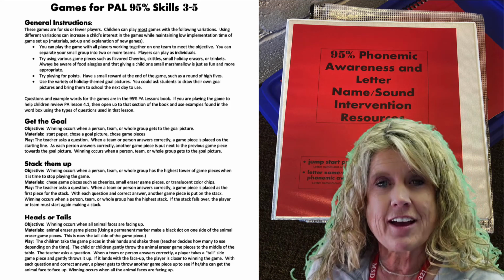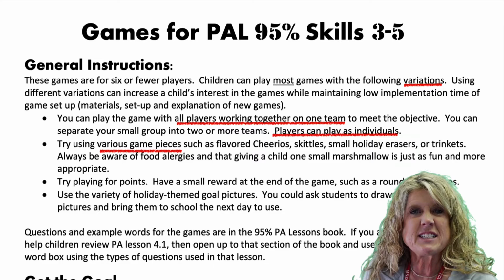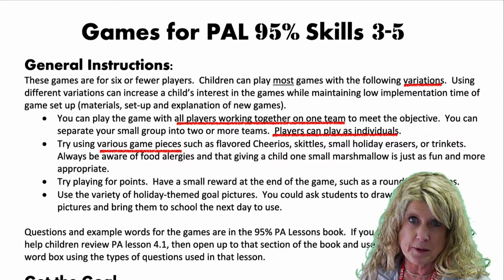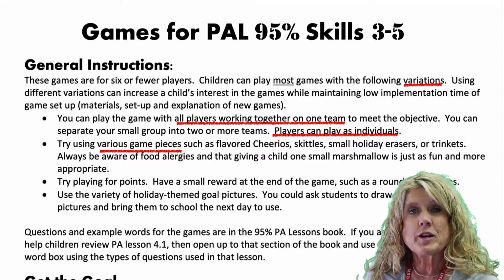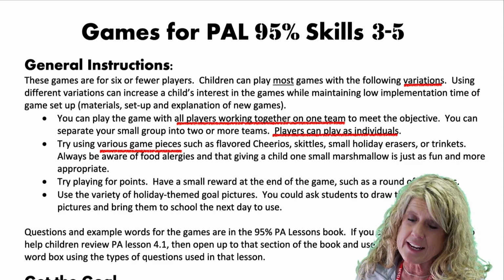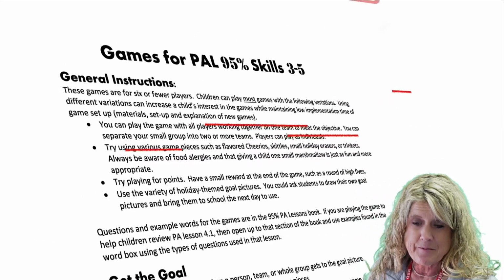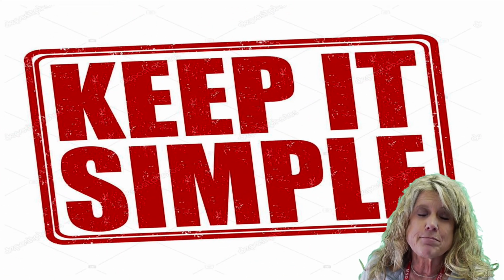And the games can be found again in our red binder. Now, these games can be done with lots of variation, and they should be so they don't get monotonous. You can have them with all players working together on one team, or you can have people playing as individuals. You can also vary the game pieces. The importance is to keep it simple.